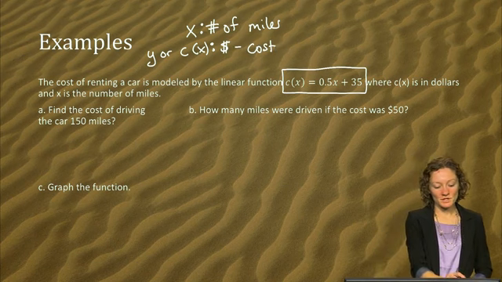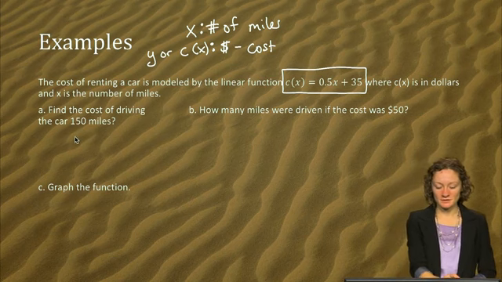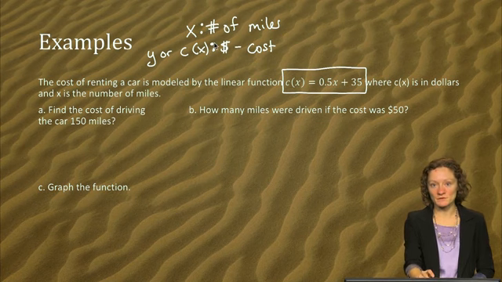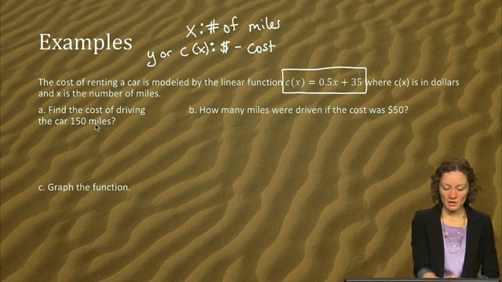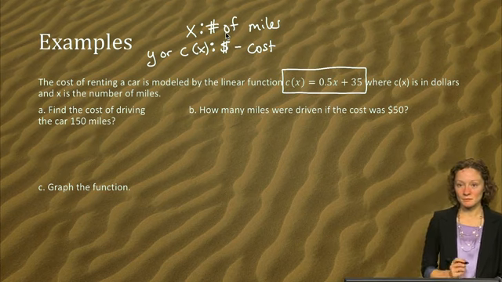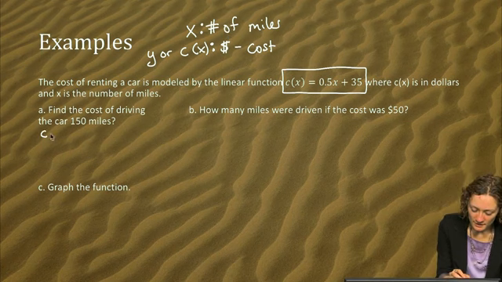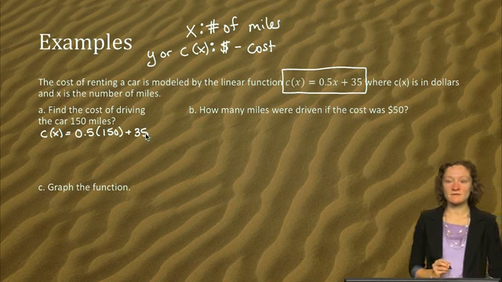Okay, so the first question, letter A, says find the cost of driving the car 150 miles. So to be able to answer that, you have to be able to plug in for one of the two variables and solve for the other one. Cost of driving the car 150 miles. So we are given information for x. Plug in for x, solve for C of x. C of x equals 0.5 times 150 plus 35.